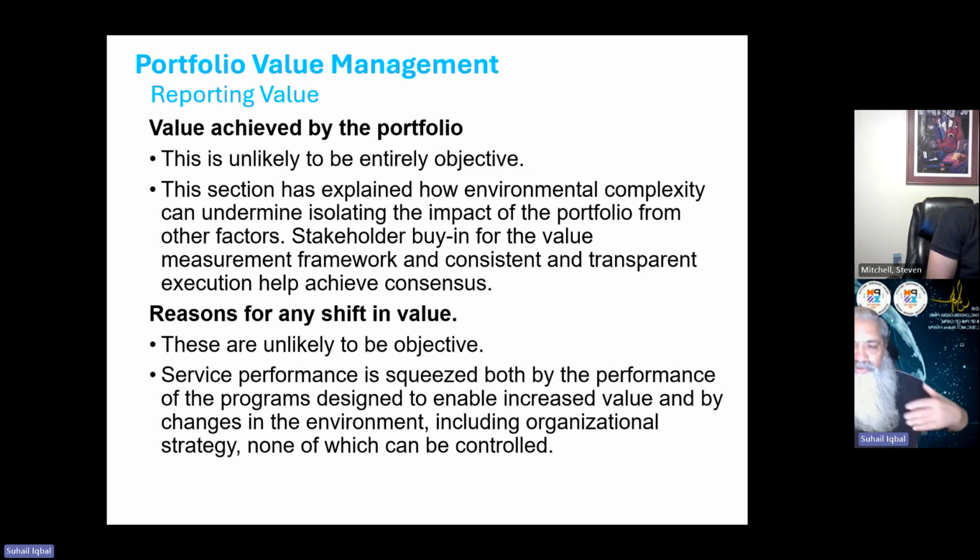So these are forces on the opposite side. Continuously things are changing on the environment side as well as on the program side, none of which can be controlled. So we have to keep ourselves abreast and see what the things are, and whether there is any shift in the value generation.